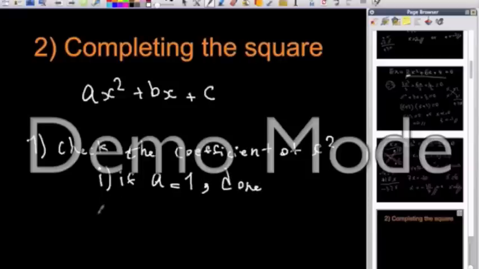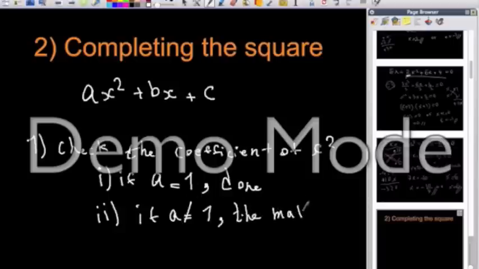But if a does not equal 1, then we need to divide all the terms in the whole equation by a, to make it 1.